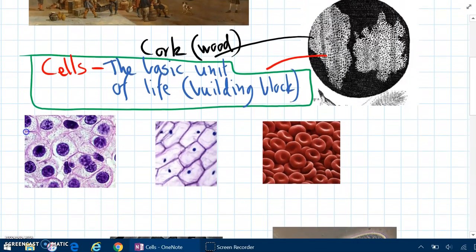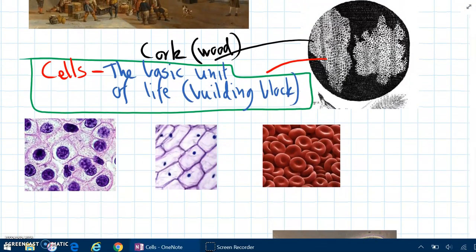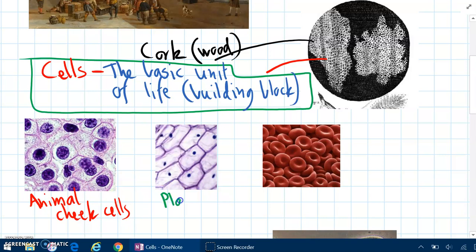So here are a few more examples of what some cells can look like. Here we've got some cells from the cheek of an animal. And in the next one we've got some plant cells. And these are from an onion.